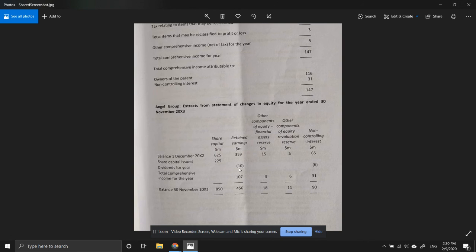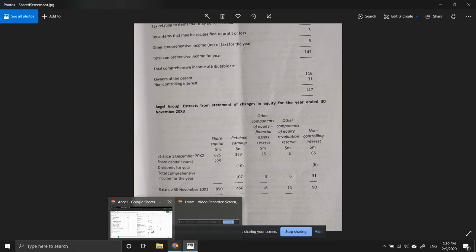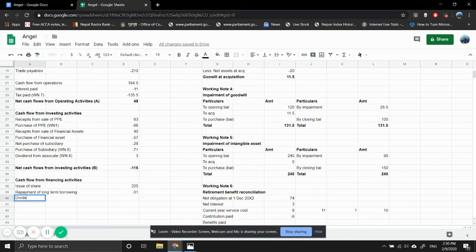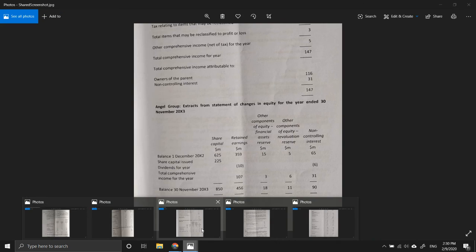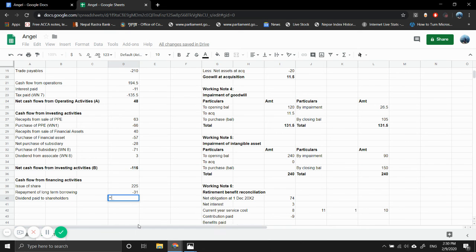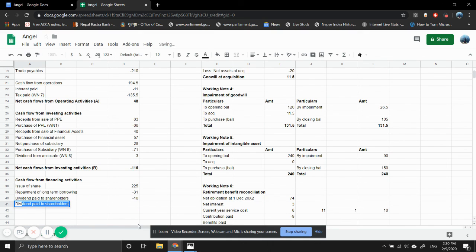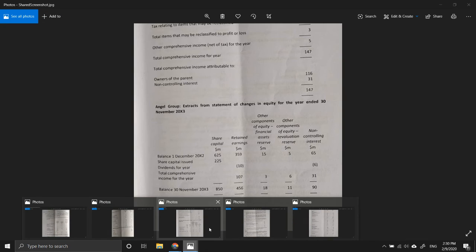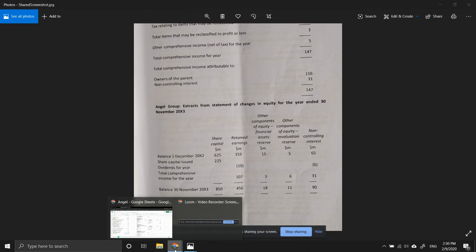So dividend, right? Okay, dividend paid to shareholders. How much did we pay them? That's an outflow from the company, minus 10. And then dividend paid to NCI, which is minus, how much dividend did we pay them?